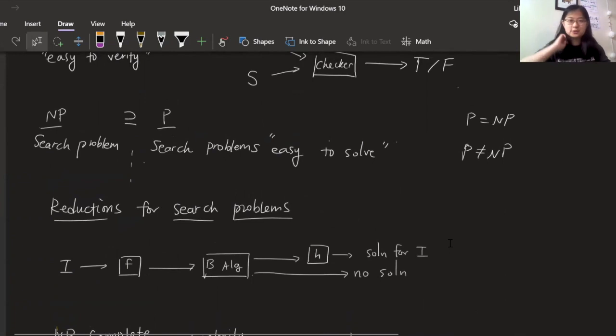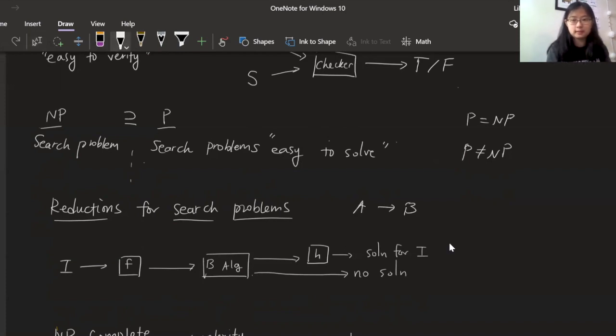If you remember from last week, reduction is a way of talking about how to use algorithms for one problem to solve another one, or reducing problem A to problem B. So a quick recap: if I can reduce problem A to problem B, then given an algorithm for problem B, I can also give an algorithm for problem A. And remember, this pre- and post-processing is essentially: if I take an instance of problem A and I have an algorithm for problem B, I do some pre-processing to turn it into an instance of problem B. Now I pass it into the problem B algorithm, I get some solution to problem B, and after post-processing, I get a solution for problem A. If that made no sense to you, please go back and watch the previous lecture.